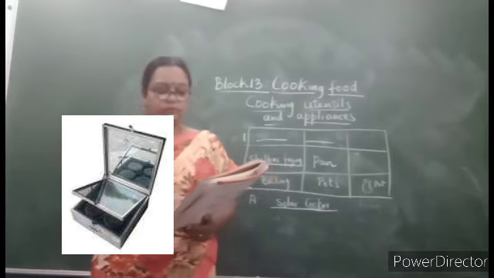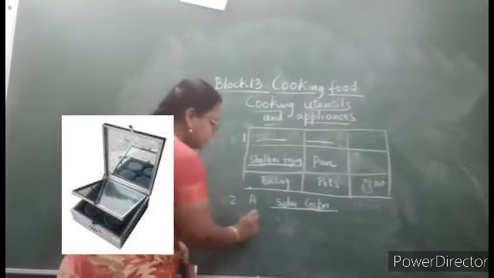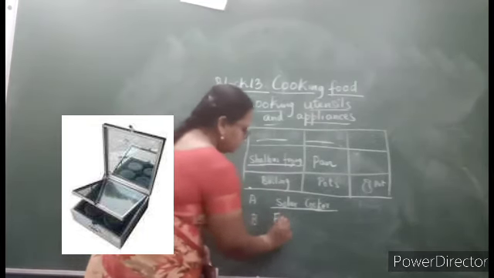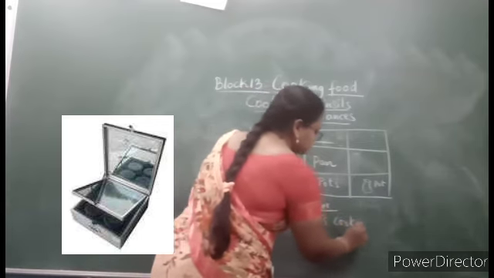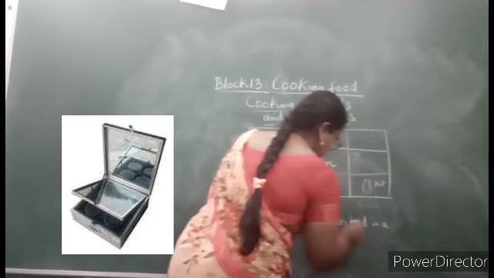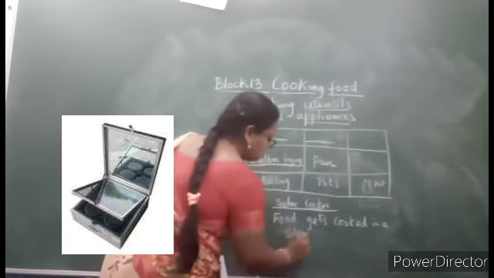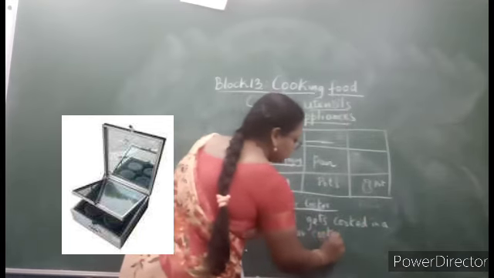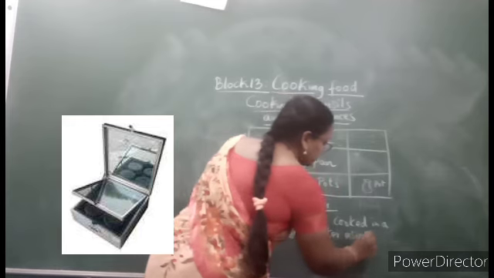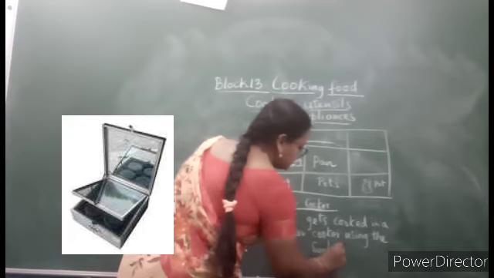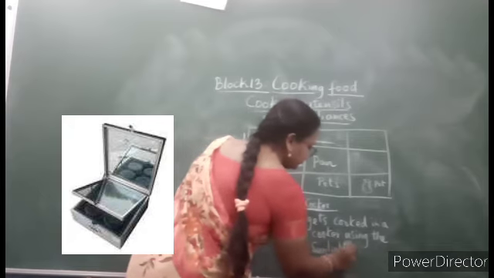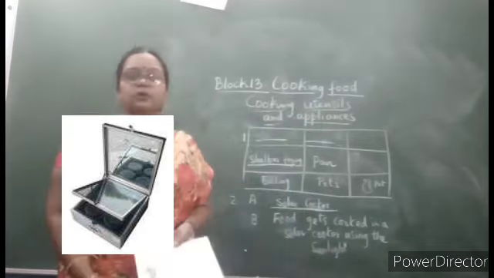How is food cooked in this appliance? Food gets cooked in a solar cooker using the sunlight. Using the sunlight only, the food will get cooked there.